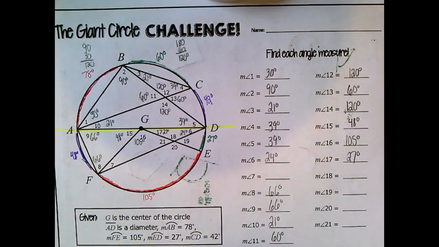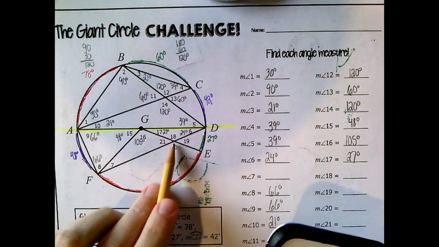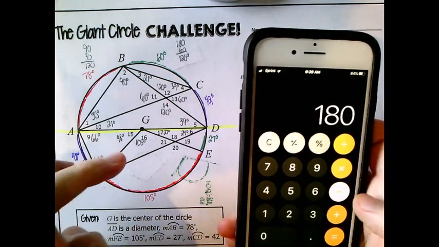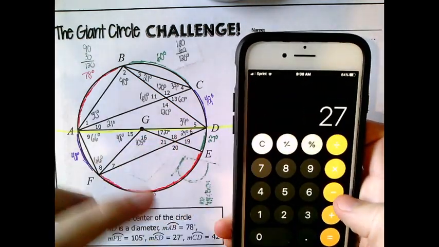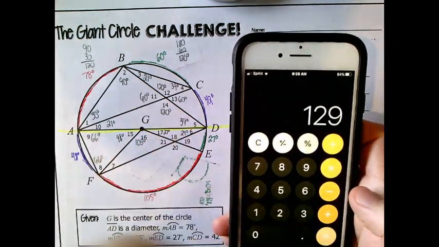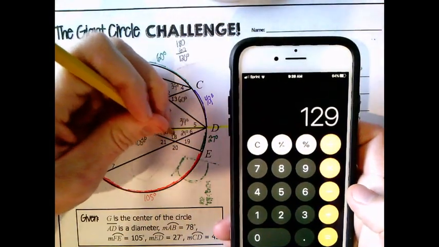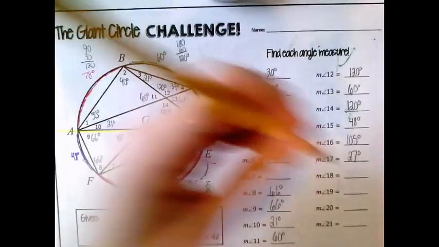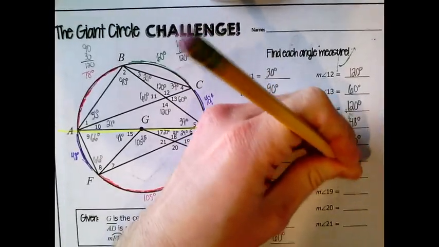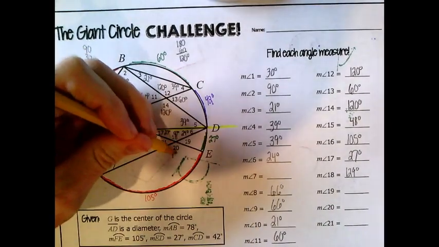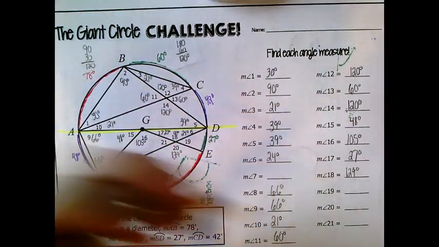Okay. Now this will knock out a bunch real quick. So again, I've got this triangle right here. So if I do 180 minus 27 minus 24, it gives me 129. So 18 is 129 degrees. So if that's 129, that means angle 20 is 129 by vertical angles.